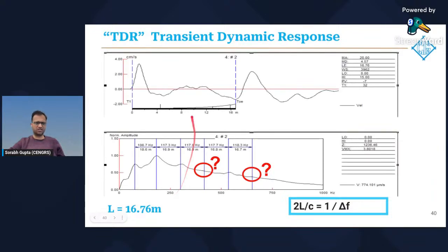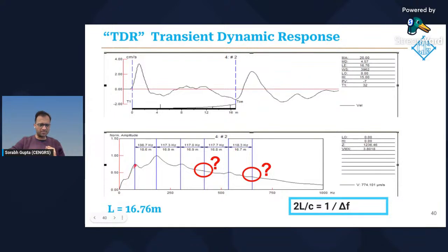That said, this is what it looks like. The top diagram is a time domain analysis, which is what we're going to talk about, where essentially you have your velocity versus length, and you get a signal like this. The same data plotted in frequency domain would give you something like this, which is known as the transient dynamic response or the TDR method.